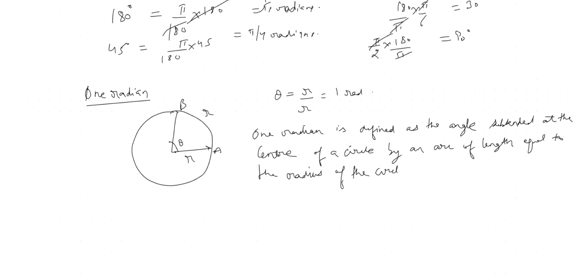So 1 radian is equal to 360 degrees by 2 pi, right? If you put the value of pi, you will get approximately 57.3 degrees. So this is the value of 1 radian.